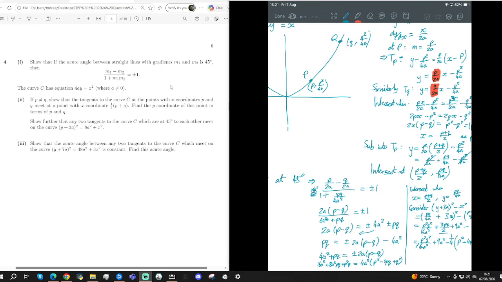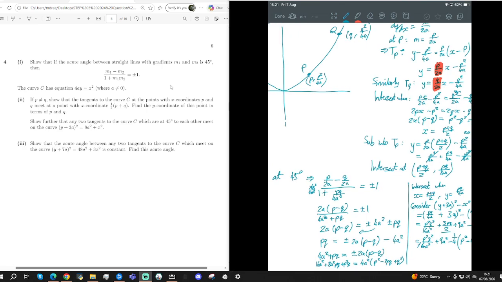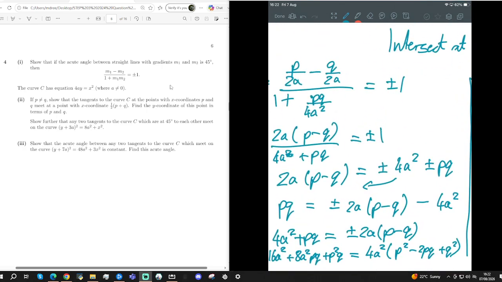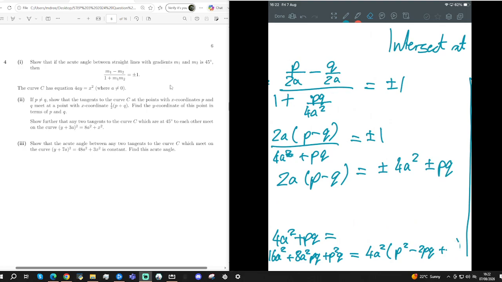Some of these terms will cancel out or will do something. And I have really ruined the amount of space I have here, so I'm going to get rid of some of this. This is the advantage of doing it on a screen and on an iPad style device rather than on paper. But this is what you use your scrap paper for. A lot of this at the moment is exploration. So I'm going to square it up here.